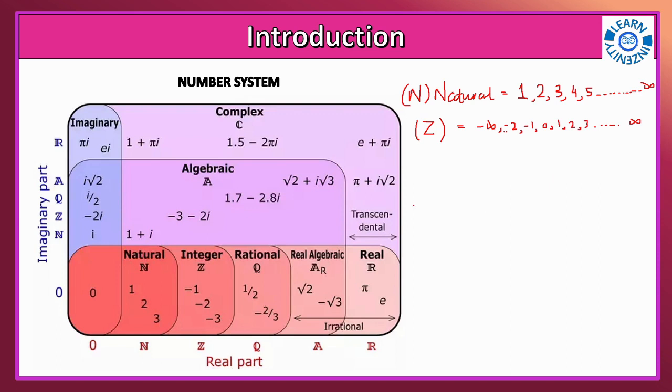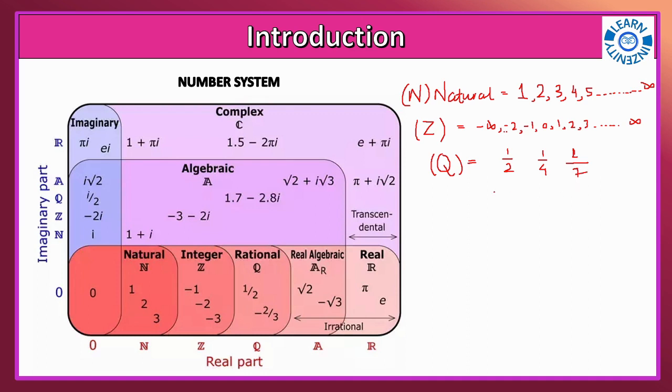What is the rational number system? The rational number system we represent as Q. In rational numbers we include all the fractions, positive fractions, negative fractions, 1 by 2, 1 by 5, 1 by 4, 2 by 6, 2 by 7, all the fractions.